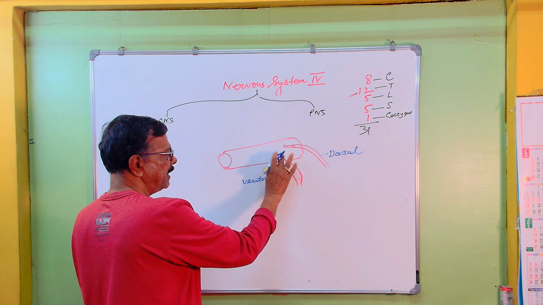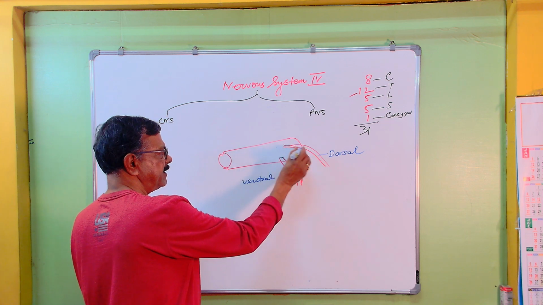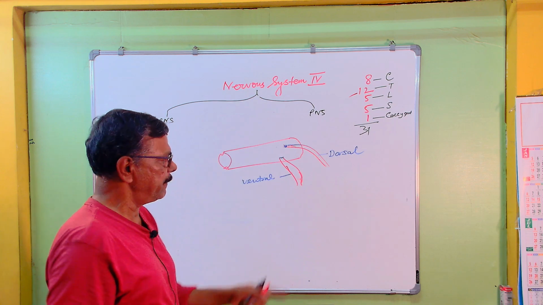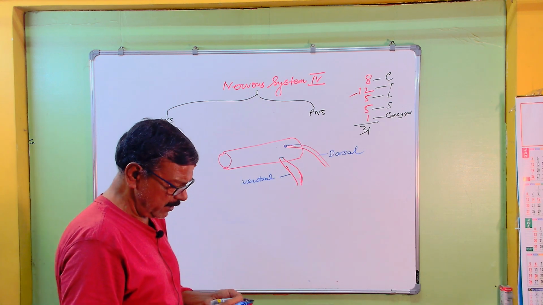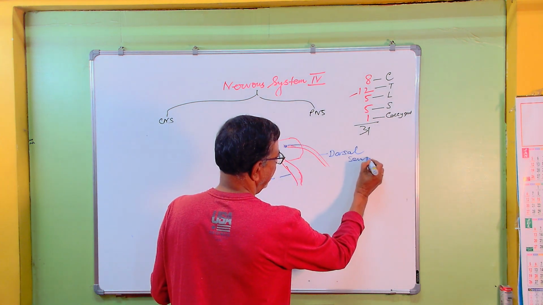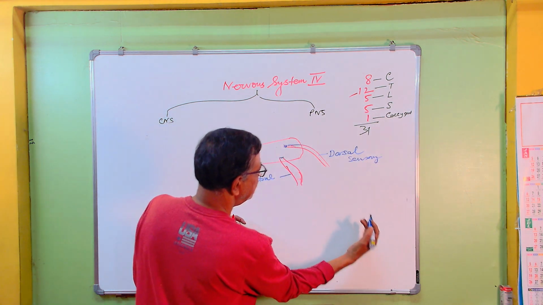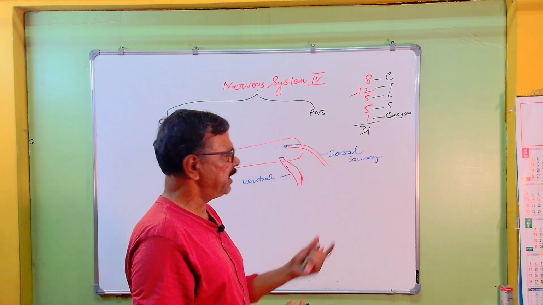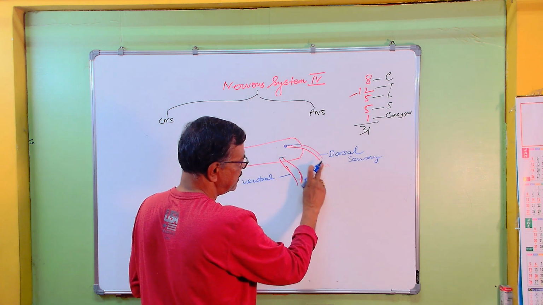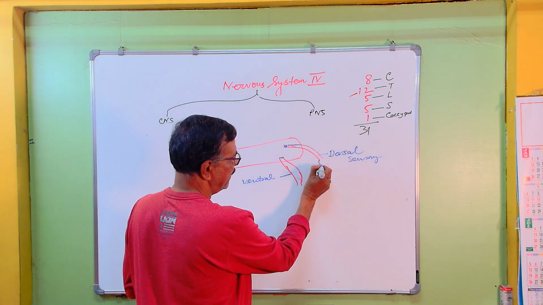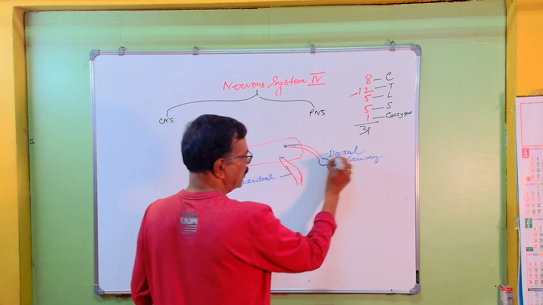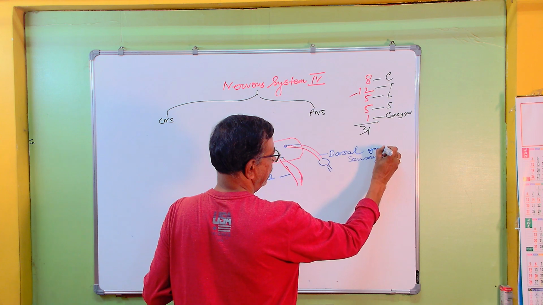The ventral root arises from the ventral region, and the dorsal root ends in the dorsal region. The dorsal roots are sensory in nature, that is, they bring information input, and the dorsal root has a ganglion, known as the dorsal ganglion.